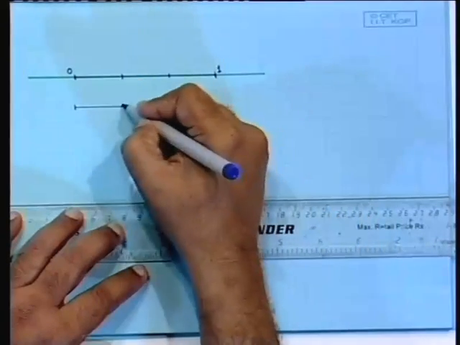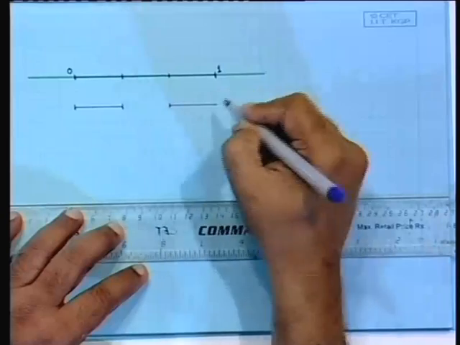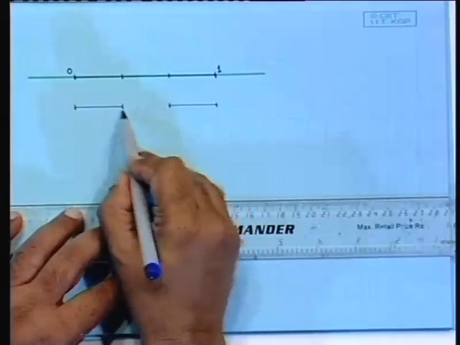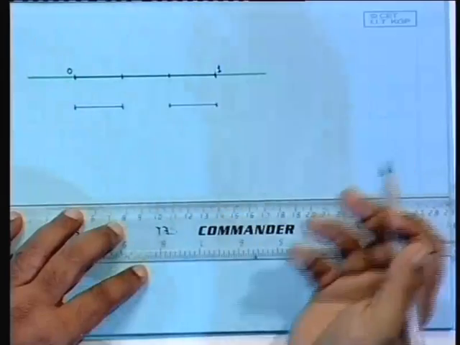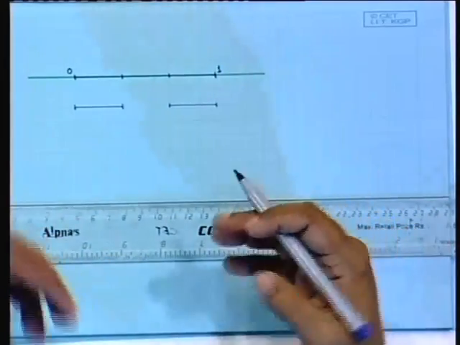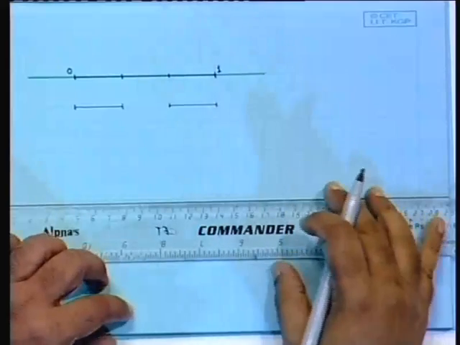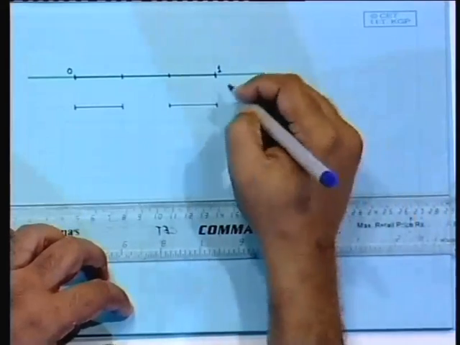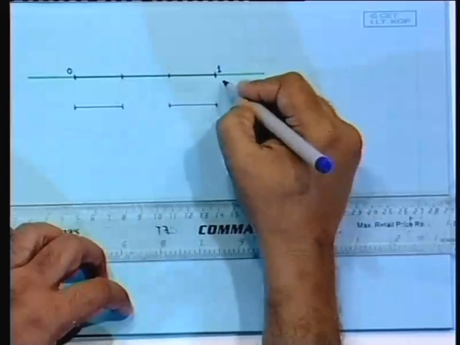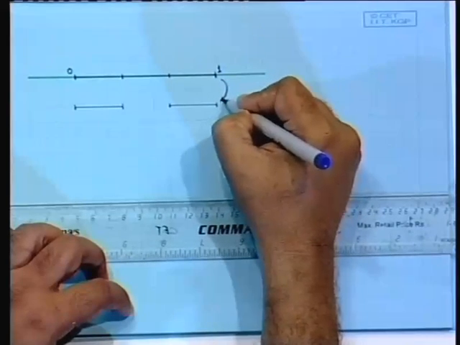So, from this point to this point and from this point to this point, which means we have removed the middle 1/3. So, this is a procedure of removal of the middle 1/3.